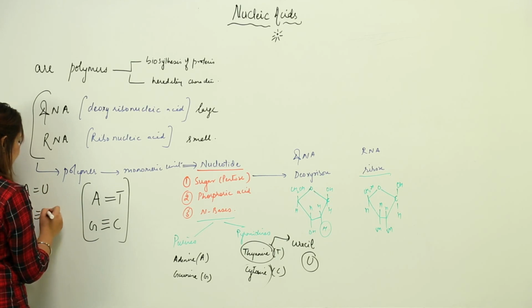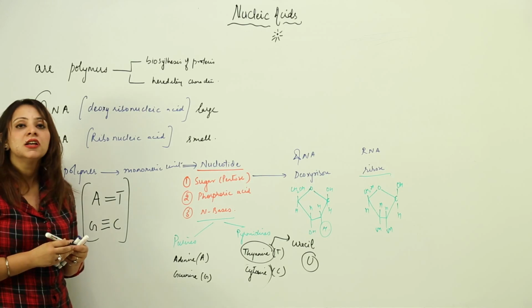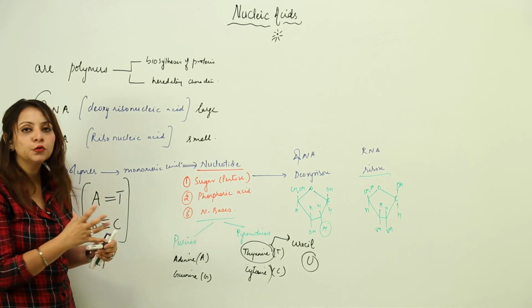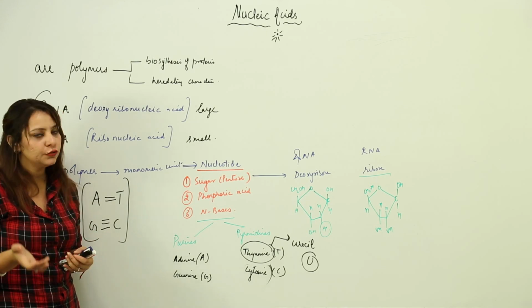The only difference is thymine and uracil. Otherwise the bases pair up in the same way, purines with pyrimidines, with double or triple bond.